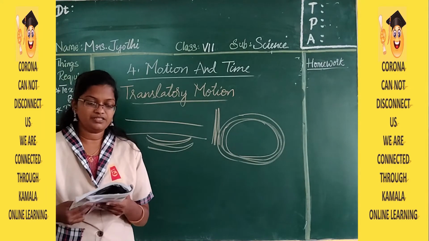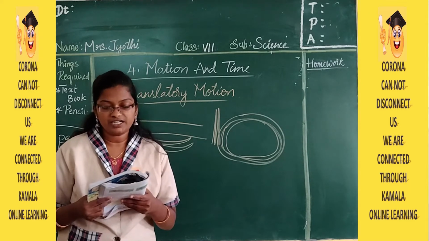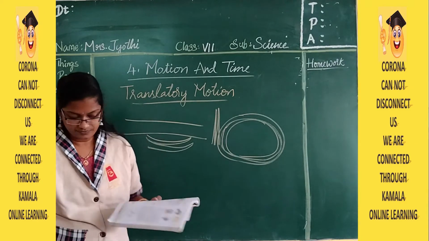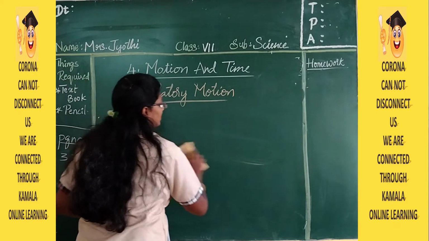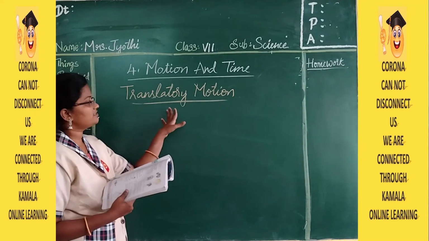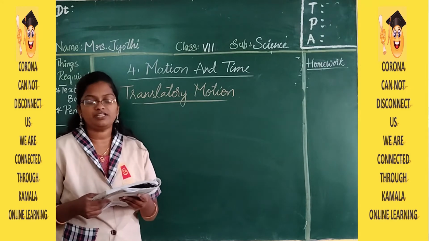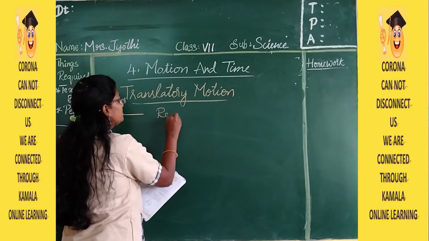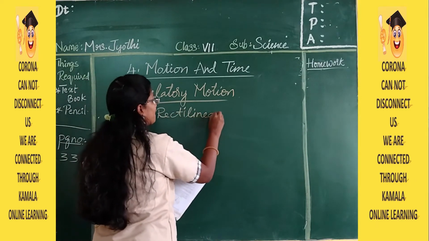Then page number 33. If a body in translatory motion moves along a straight line, then it is called rectilinear motion. So translatory motion means along with the body, all the parts of it have to move. Now in translatory motion, again there are 2 types, rectilinear and curvilinear. If they move in a straight line, we call it rectilinear.